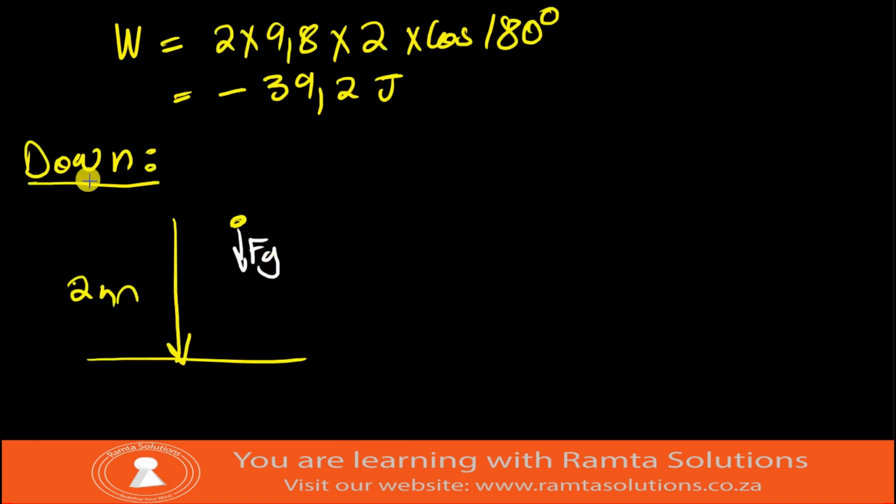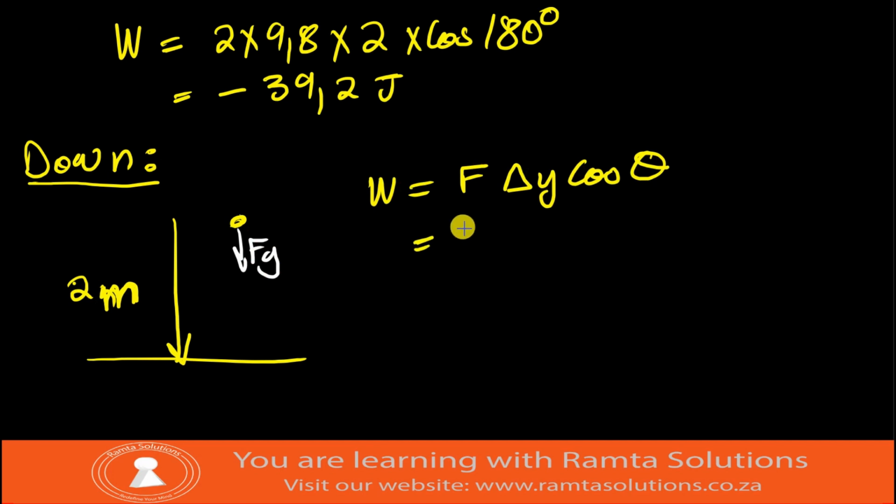Now, the object is moving downwards, and gravity is also moving downwards. So our angle now is 0 degrees. The work done to move down is mg delta y cos theta.